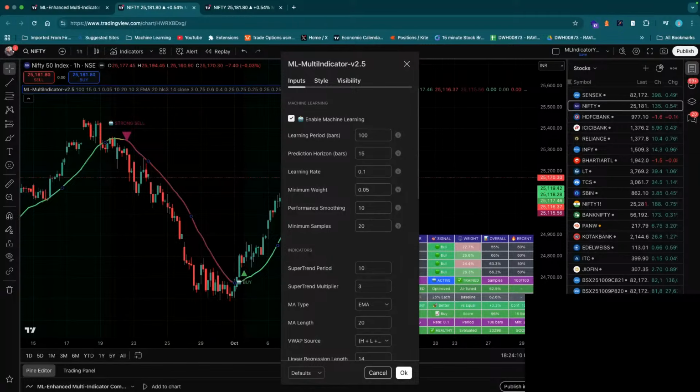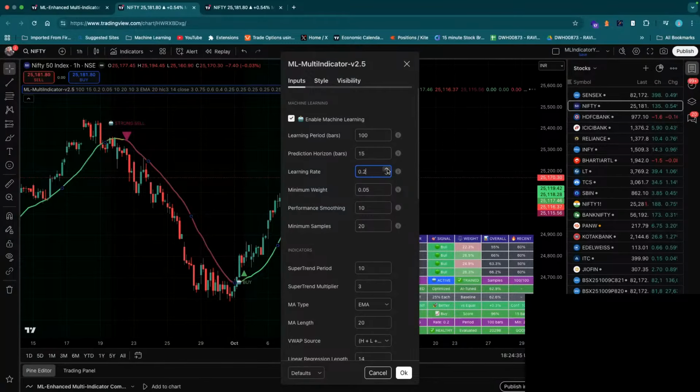So ideally, keep it a bit slow so that you get the response a little more leisurely and don't get into too many trades. Right now the learning rate is 0.1. The higher you go, the more the learning rate increases. For example, if you go to 0.5, it will be too jumpy and you'll get too many signals. So as of now, keep it at 0.1.